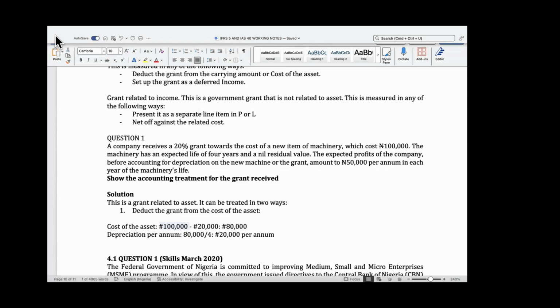No. You say you debit bank? Yes. You say you credit grants 20,000. You do not credit asset again. How? We'll now have to reduce that asset with the grant to 80,000. That's the PPE. What double entry will we now use for that? That's where I'm stuck now.